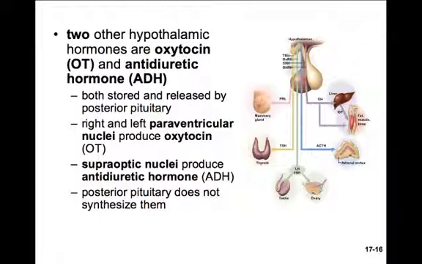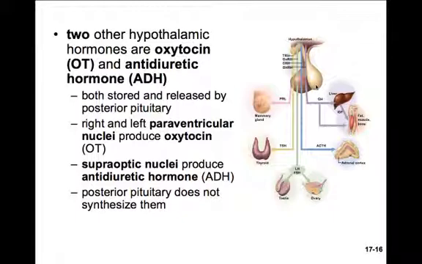So there are only two hormones left to consider in the pituitary gland. Those of the posterior pituitary, or the pars nervosa. They are oxytocin and ADH, or antidiuretic hormone. Remember, both are stored and released by the posterior pituitary after they travel down the neurons directly from the hypothalamus. They travel from the paraventricular nuclei and the supraoptic nuclei.